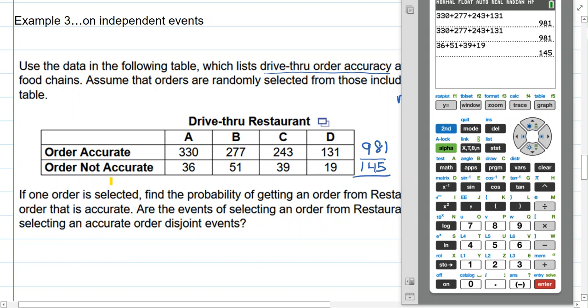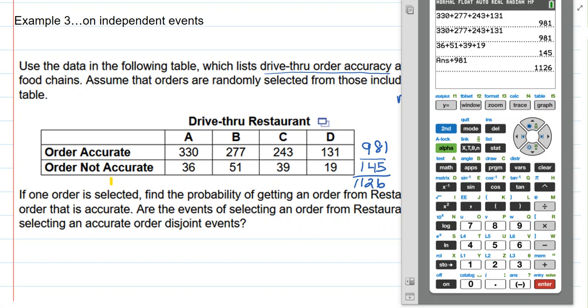And so if I add both of them together, I'm going to get 1126. All right. So I have this situation here where I have the 1126.